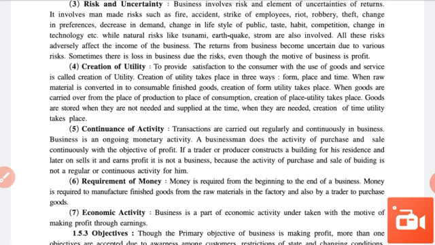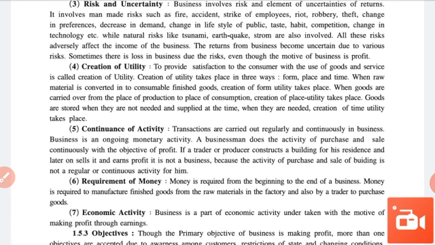In short, if raw material is converted to finished goods, it is creation of form utility. When goods are carried from one place to another, it is creation of place utility. And when goods are held back when not needed, and supplied when the need arises, that is called creation of time utility.